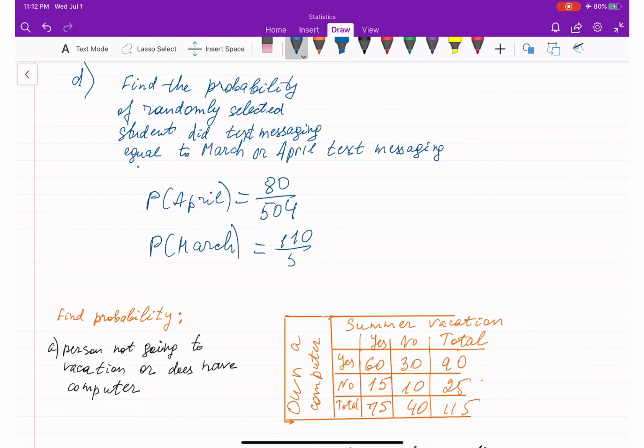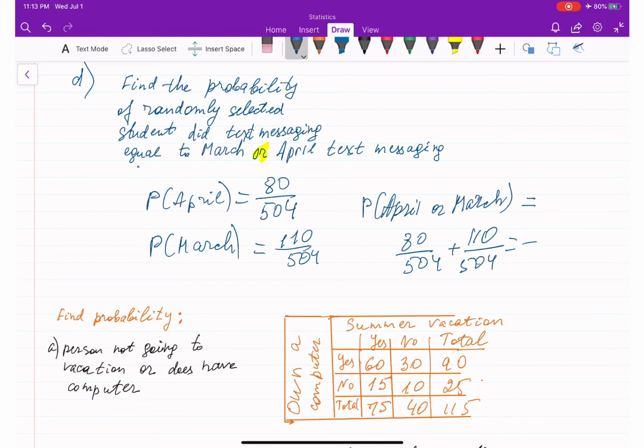110 over 504. So the probability for April or March. Because we have or, we are adding. It's going to be equal to 80 over 504 plus 110 over 504.